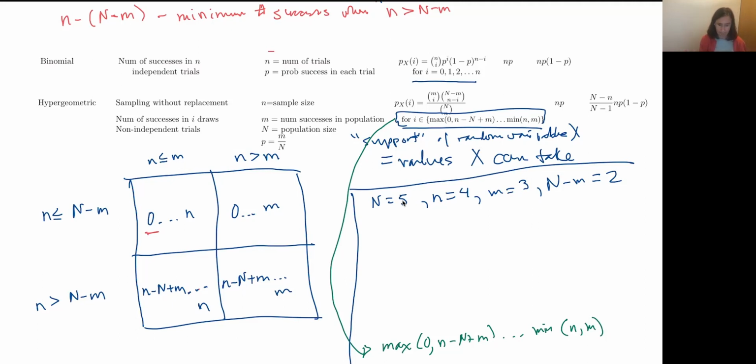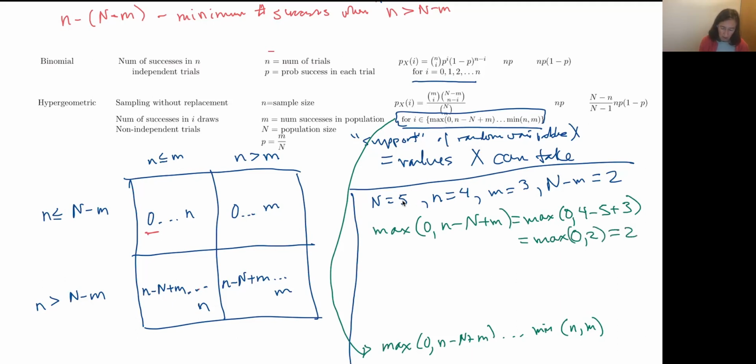Let's just plug in our numbers into the max and min. Okay. So the max of 0 and n minus capital N plus m equals the max of 0 and, n is 4, big N is 5, m is 3, it's the maximum of 0 and 2, that equals 2.